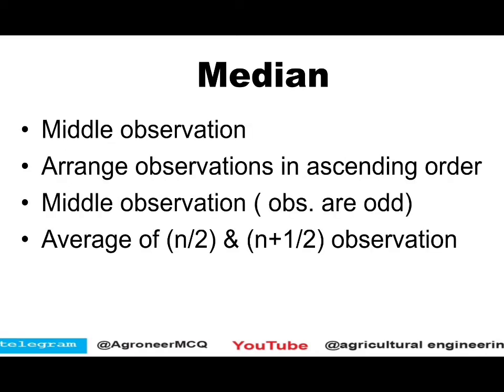What is meant by median? Median is the middlemost observation. So to find out the median, first you have to arrange the observations in ascending order. After arranging them in ascending order, the middle observation is called the median, but that is right in the case when your observations are odd. But what if your observations are even?